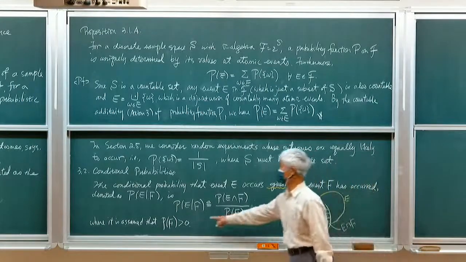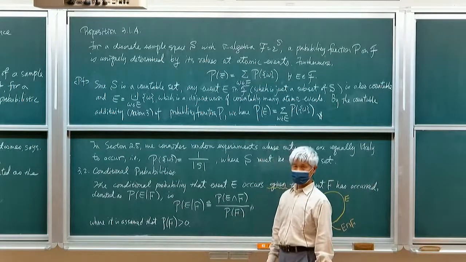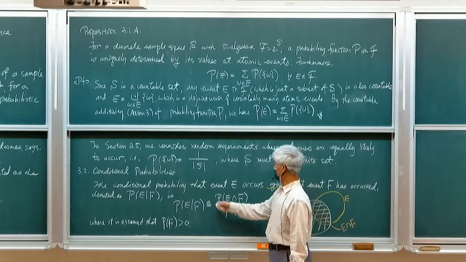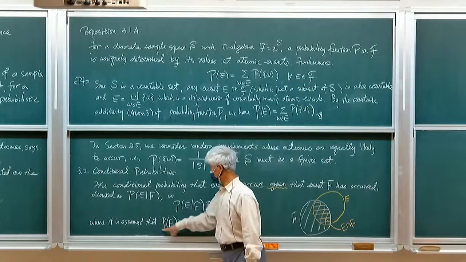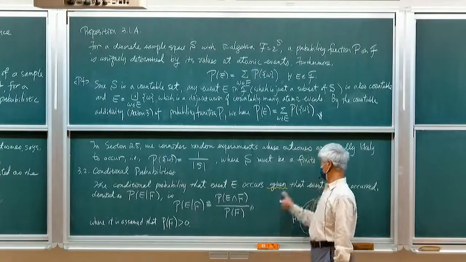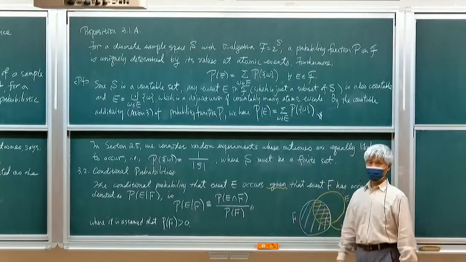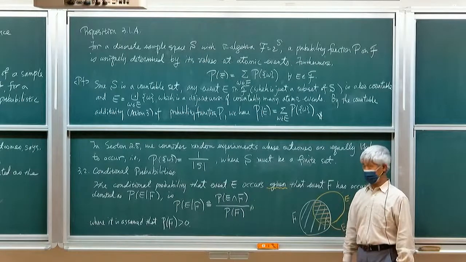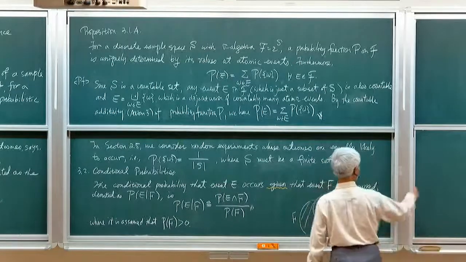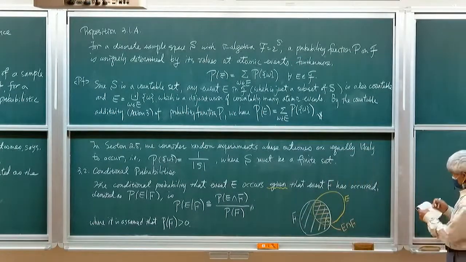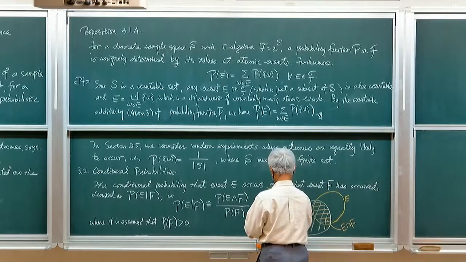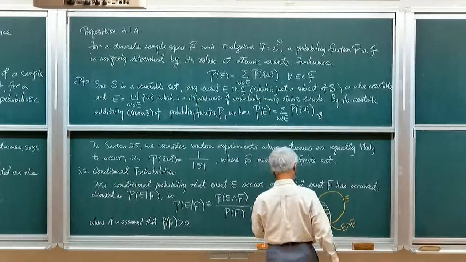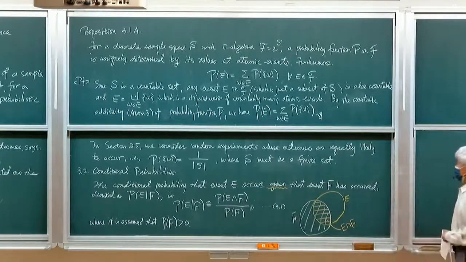So this is crucial. We can have this quantity only if event F occurs with positive probability. Okay, and so this is important, so I will give it an equation number 3.1.